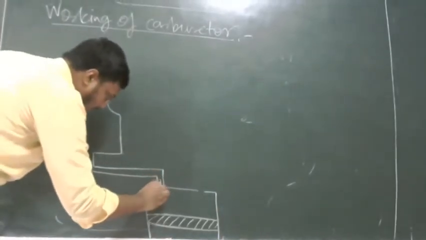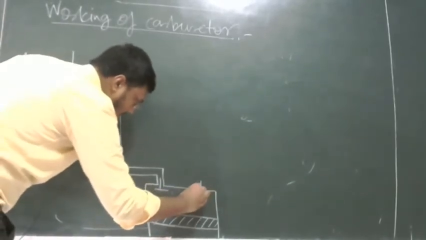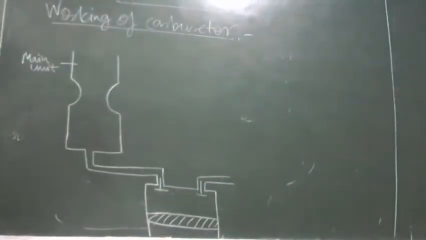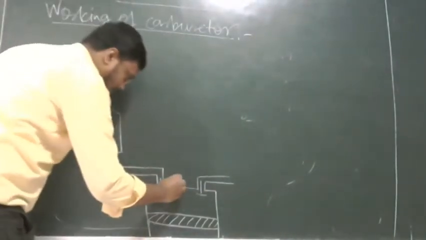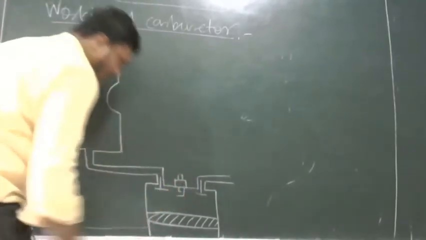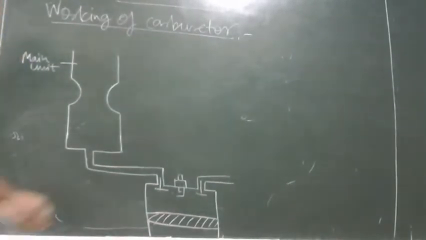This is the inlet valve, this is the outlet valve, and this is the exhaust pipe. And here is a spark plug. So basically this is the engine cylinder.